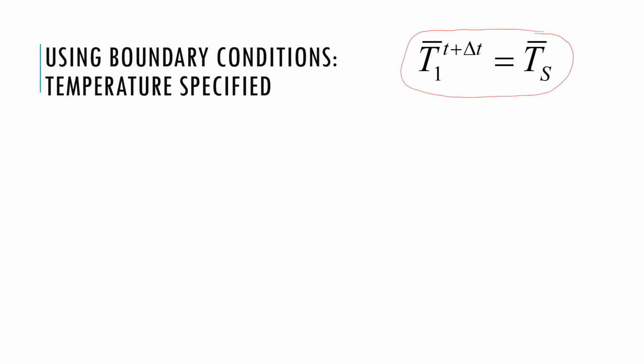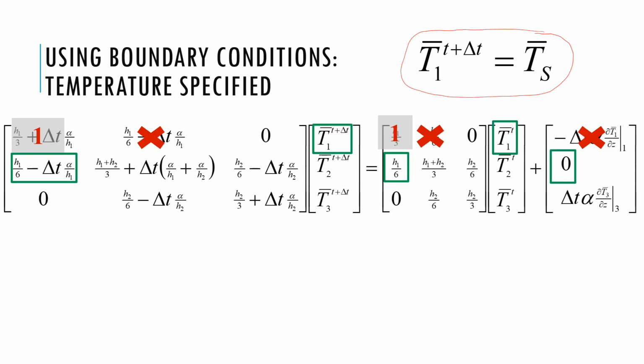For this boundary condition, you notice that the equation we have, of course for the two noded element, has these temperatures we are going to solve for. These are the unknowns. But if this boundary temperature is given as it is here, then this is not something we need to solve for.